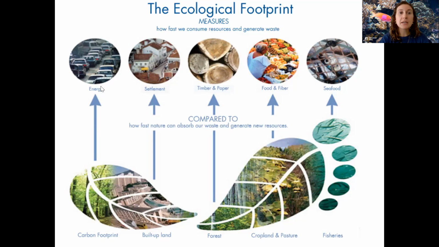So we're thinking about how much land I need for energy, for land and habitats, for timber, for food, for seafood. We're looking not only at built up land, but at forest and farming land, the amount of space we need to develop our resources and produce the energy for us to live.